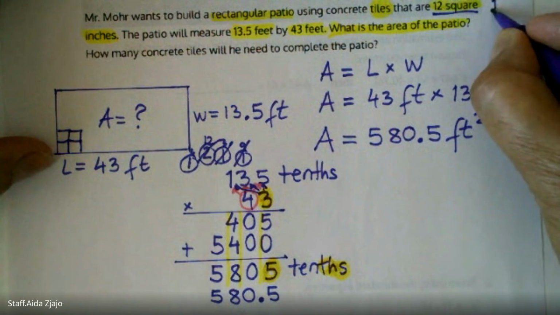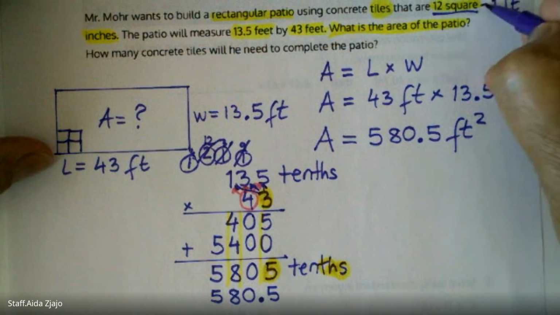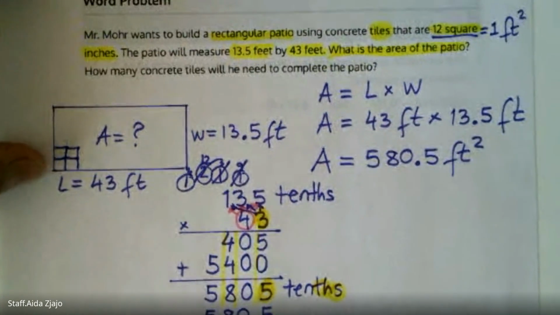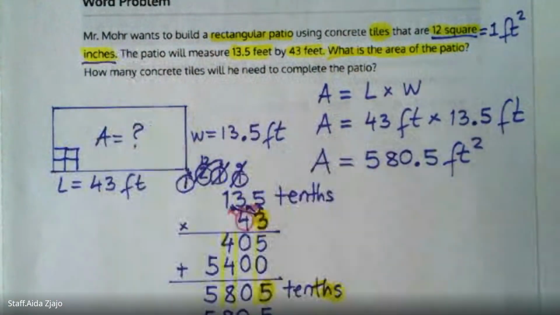When they say 12 square inches, it means 1 foot squared.